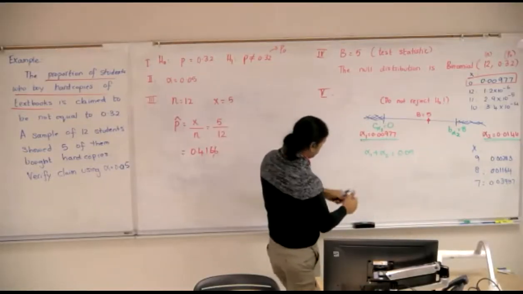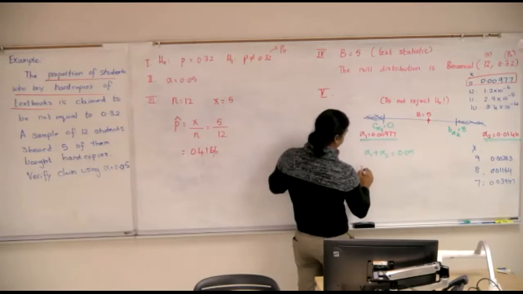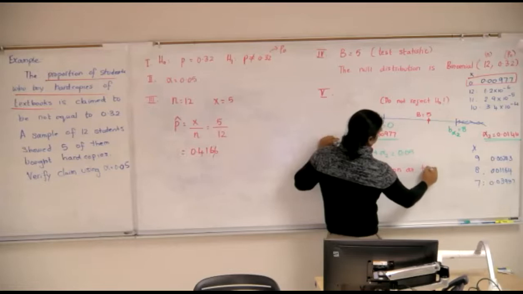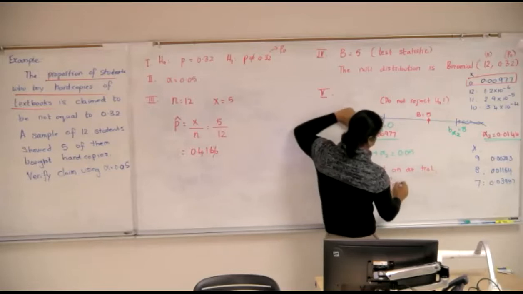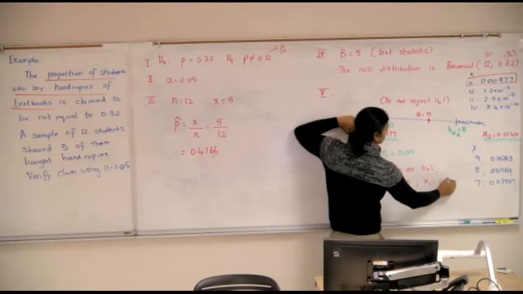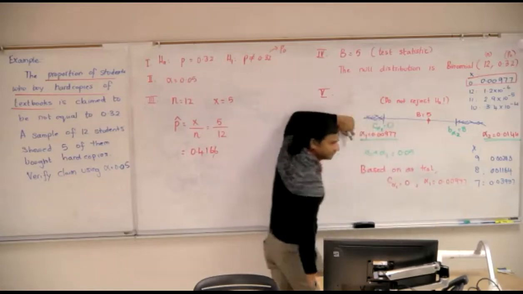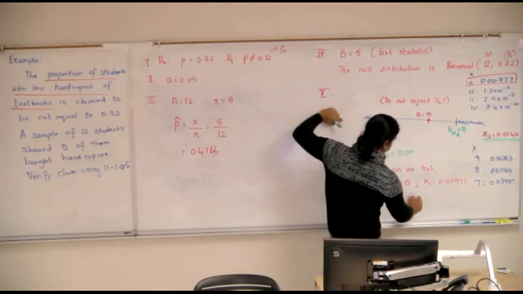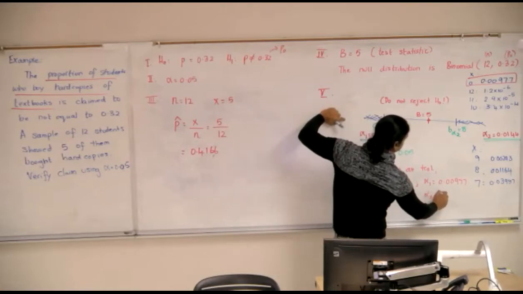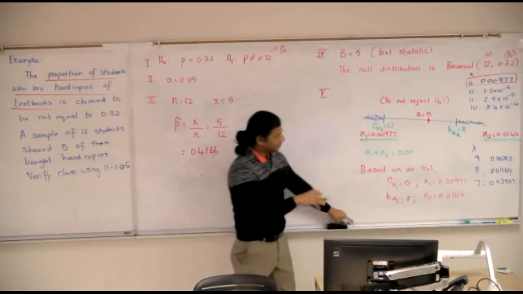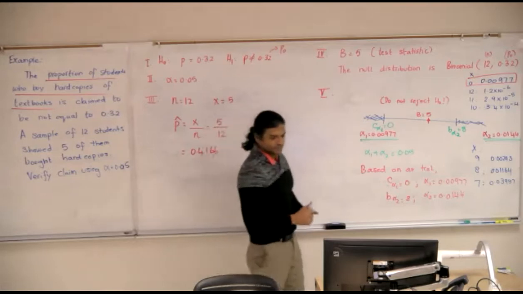What did we achieve? We found C sub alpha 1 to be equal to 0, and alpha 1 was exactly 0.00977. C sub alpha 2 was 8, and alpha 2 is 0.0144. So the total alpha will be the sum of the two.